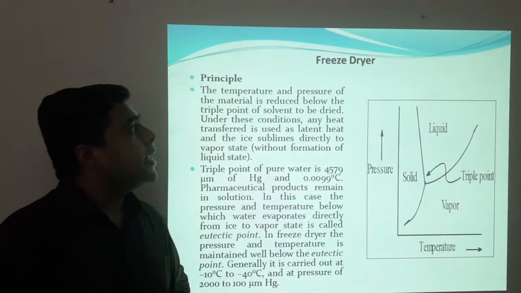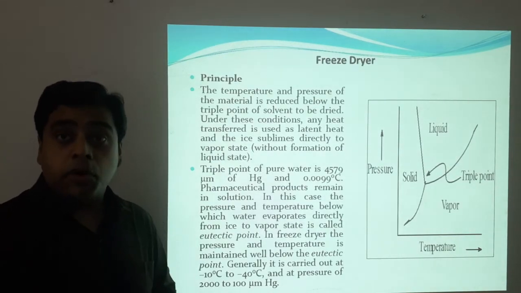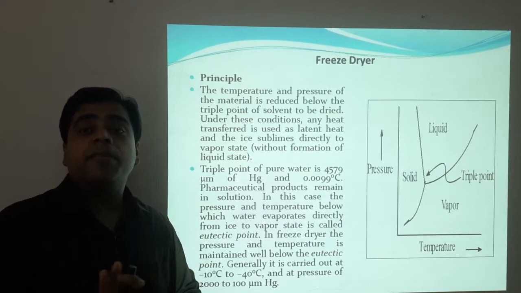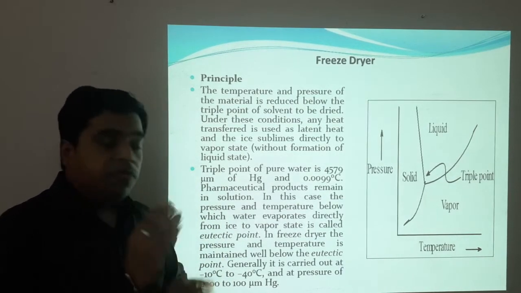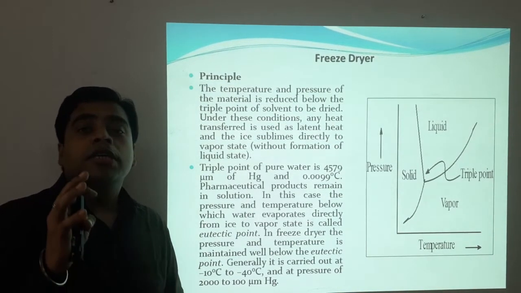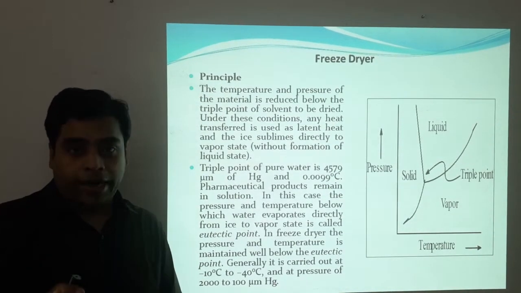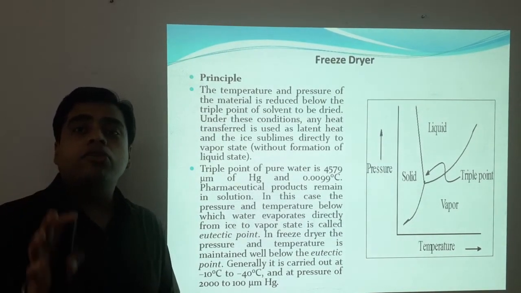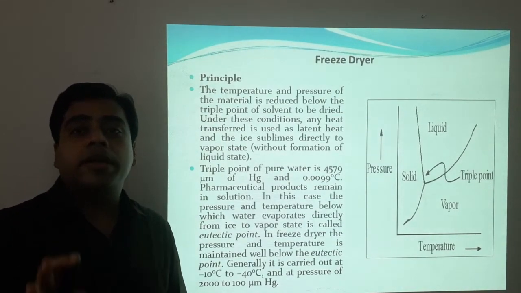Next, come to another important dryer, that is the freeze dryer, which works on an entirely different principle. Freeze dryer works on the principle of sublimation at the eutectic point, where the temperature and pressure of the material is reduced below the triple point of the solvent to be dried.